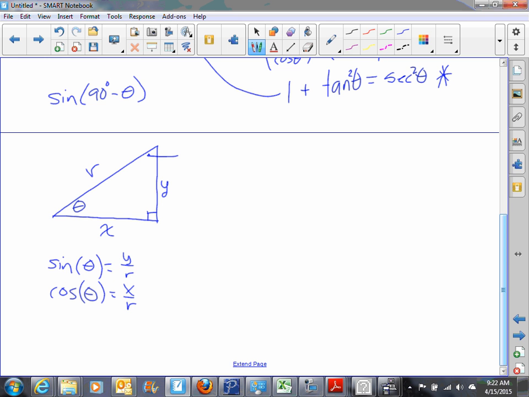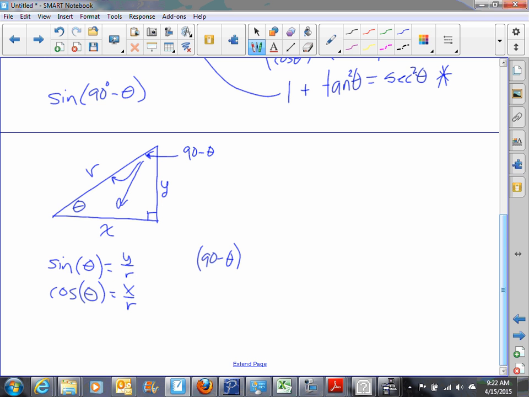But anyway, this angle right up here, the one that I started to draw the arrow, is actually the complement of theta. So it would be 90 minus theta. Now, if we use 90 minus theta as our angle, then the opposite side to 90 minus theta would be x, and the hypotenuse is always, of course, r.